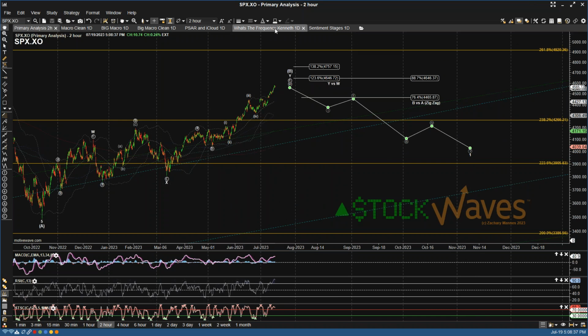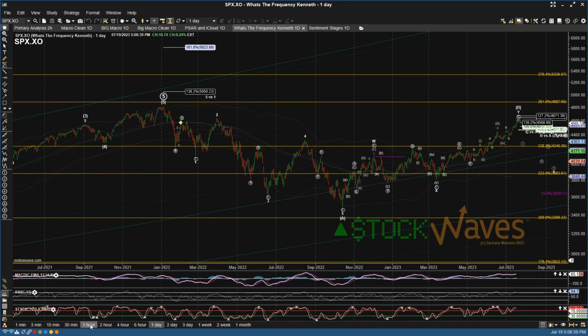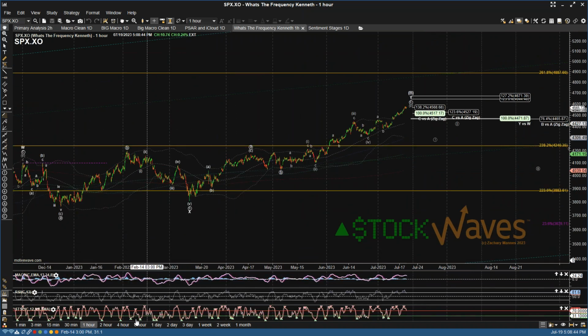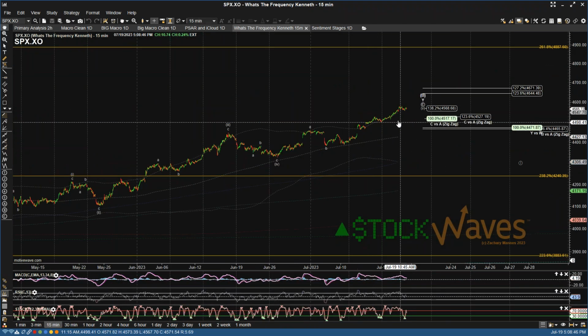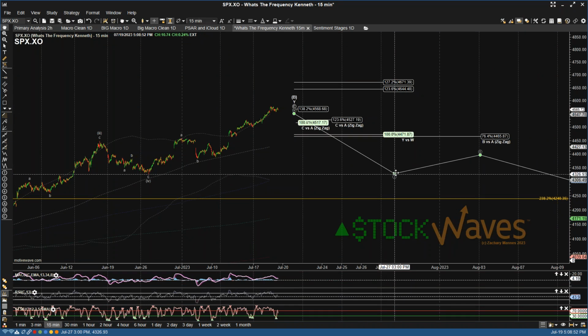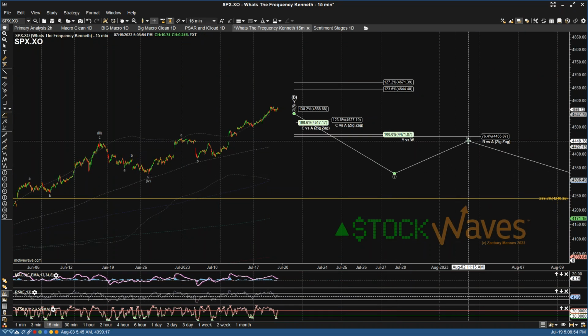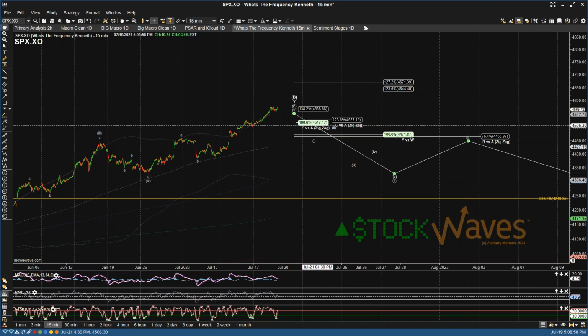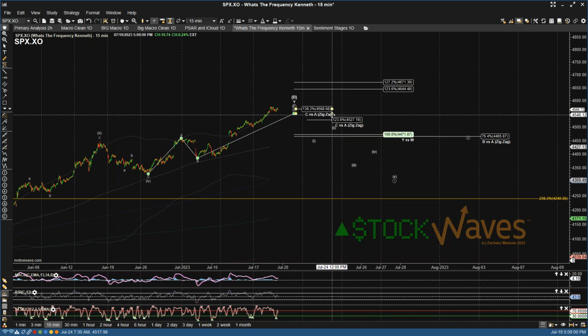We can further zoom in on that potential structure and say, okay, if we're looking for a wave 1 of wave 1 into the mid 4300s before we get a corrective bounce, that ideally is going to be 5 waves down, and that should look something more like this.